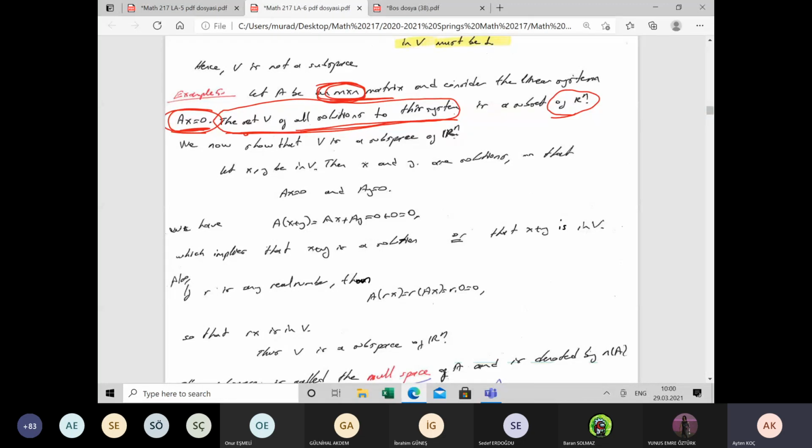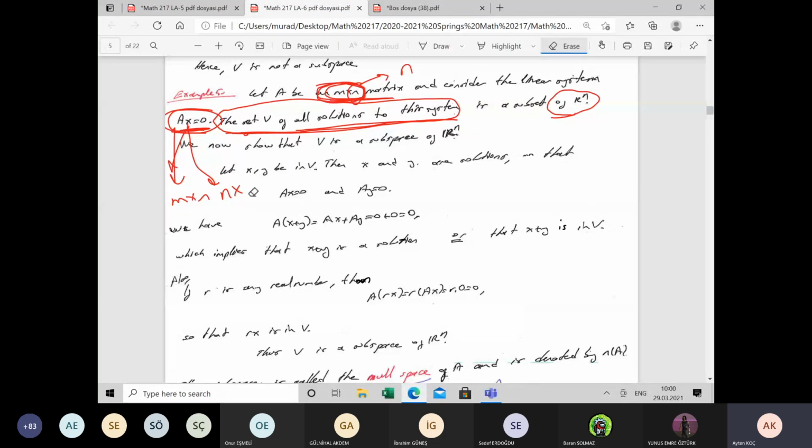X is the unknown matrix, n by 1, so that the multiplication is defined. This is a vector, so the number of columns is 1.